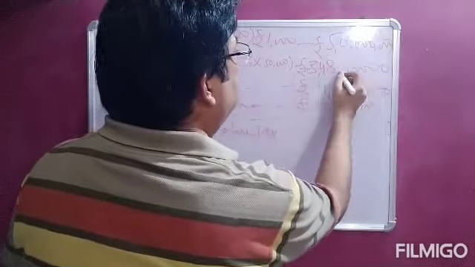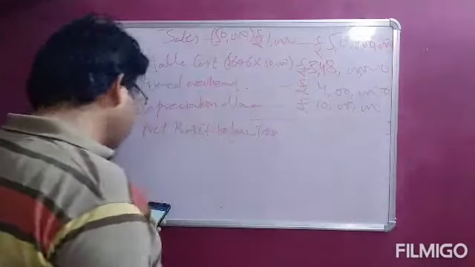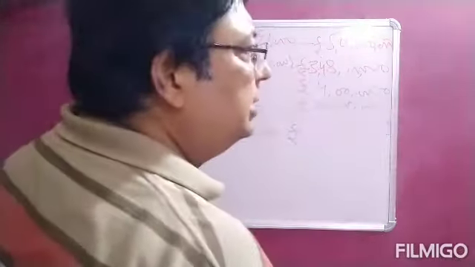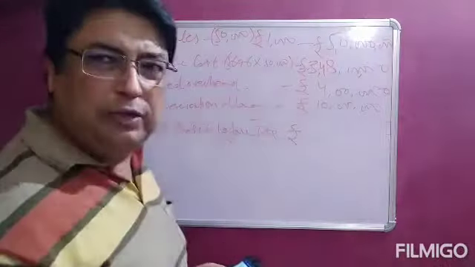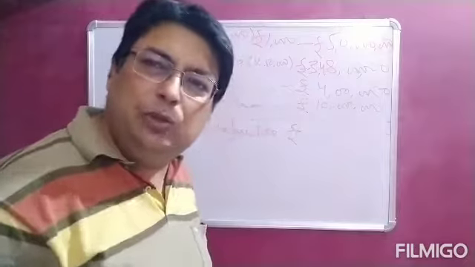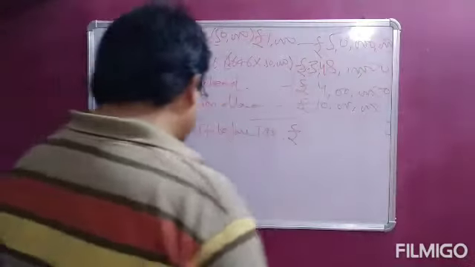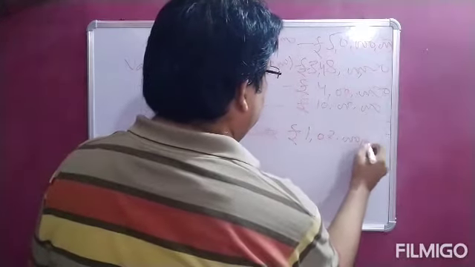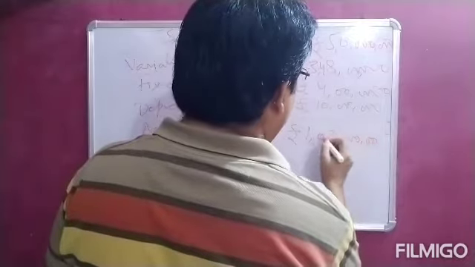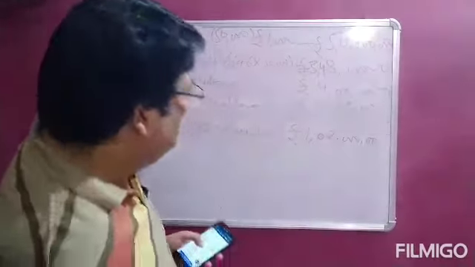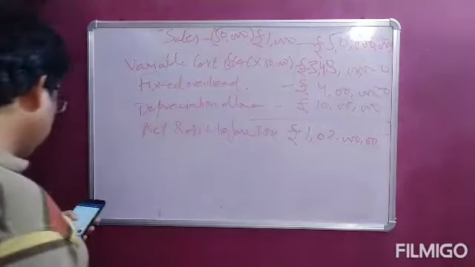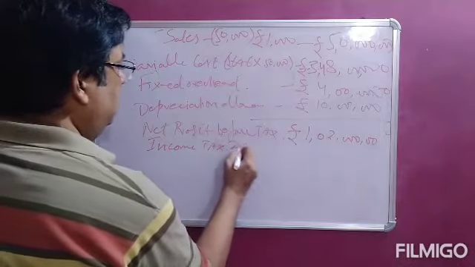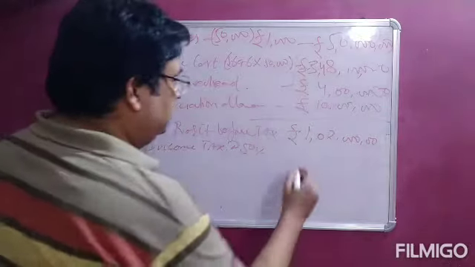So now the net profit before tax will get reduced in comparison to the base case. In the base case it was 1 crore 25 lakhs. Now it will get reduced to 1 crore 2 lakhs. And we know that income tax is at the rate of 50%, so this comes out to be 51 lakhs.